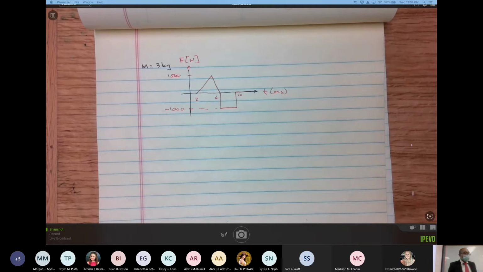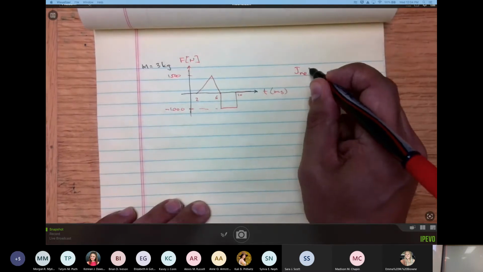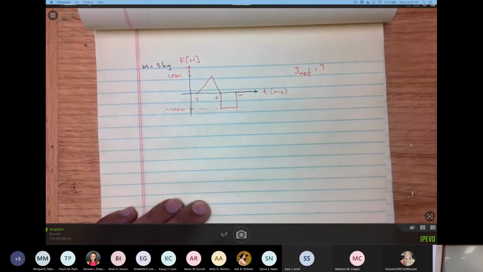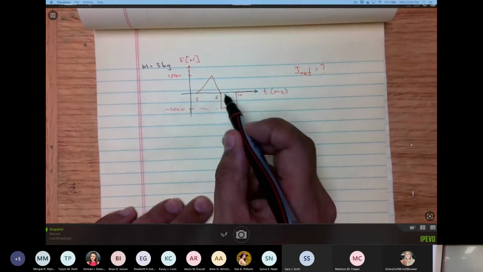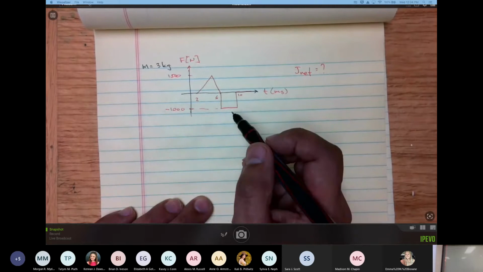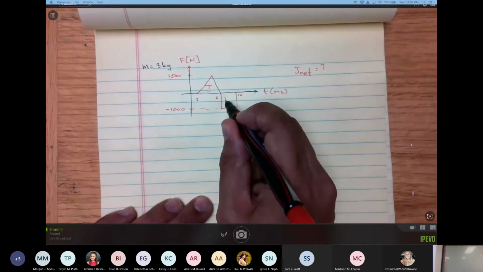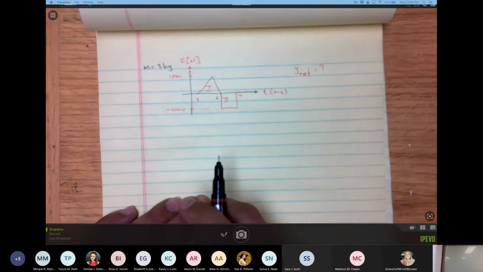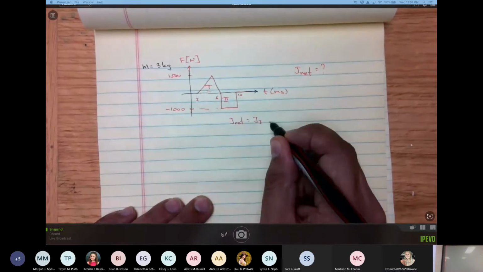What I want to know is what is the net impulse. Now you can imagine that you can divide this total impulse into 2 sections, section 1 and section 2, and then the net impulse will be the sum of the 2 sections.